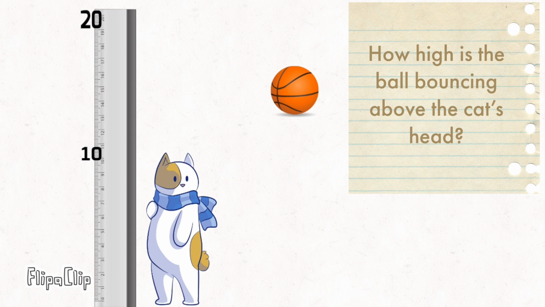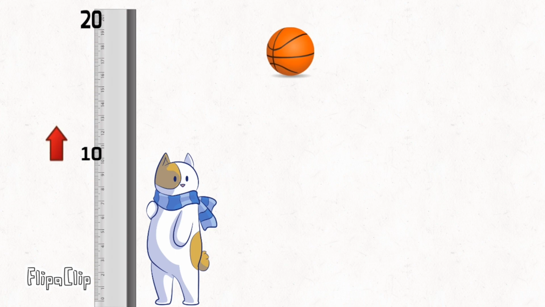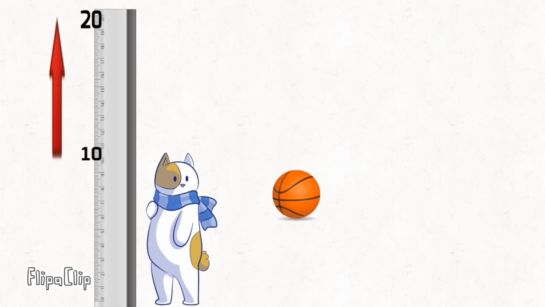So let's take the total height of the bouncing ball and subtract out the height of the cat to get the distance from the cat's head to the total height of the bouncing ball. So let's take 20 and subtract 10. 20 minus 10 is 10. The answer is that the ball is bouncing 10 feet above the cat's head. Great job, math minds.